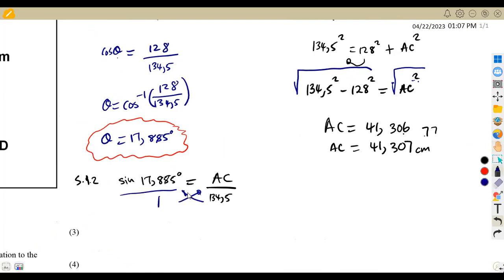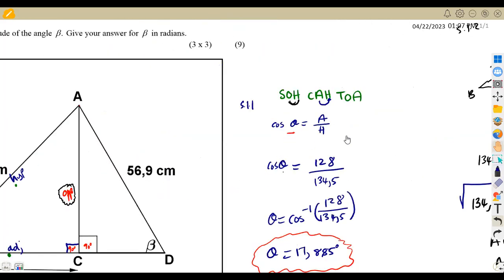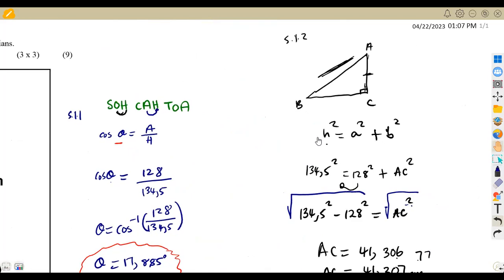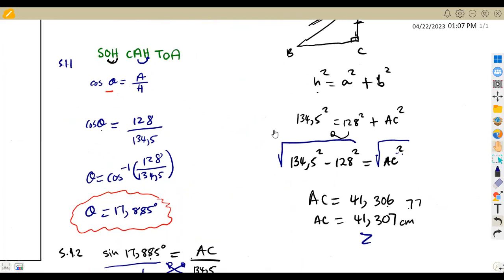This is the same as over 1, so 1 times AC is AC, which is equal to 134.5 times the sine of 17.885 degrees. So you can even use this to calculate the value of AC. All right, you just have to apply your calculations properly. Okay, so that was our question for 5.12 to calculate the side AC.